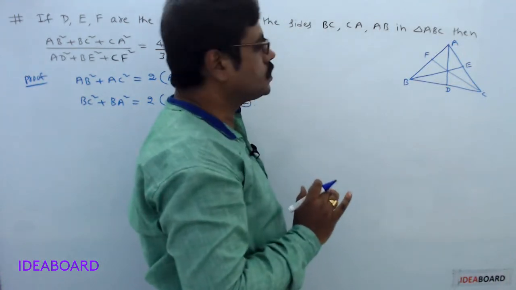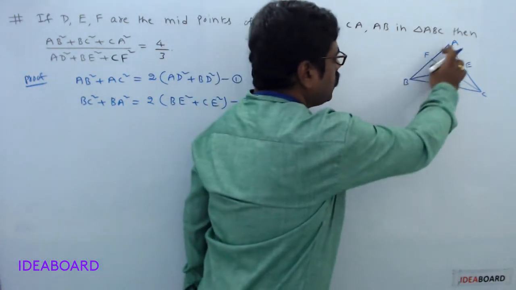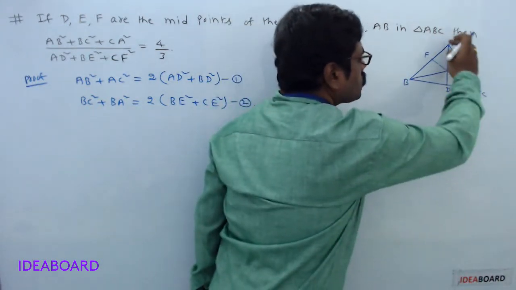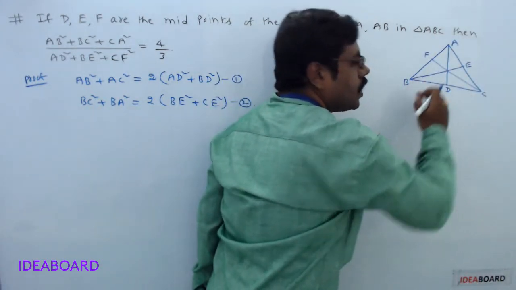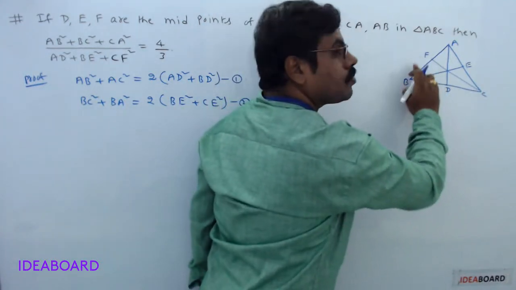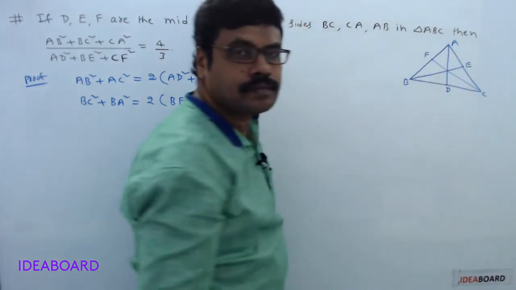Again from Apollonius theorem, if F is the midpoint of side AB, then CA square plus CB square equals 2 into (CF square plus AF square).